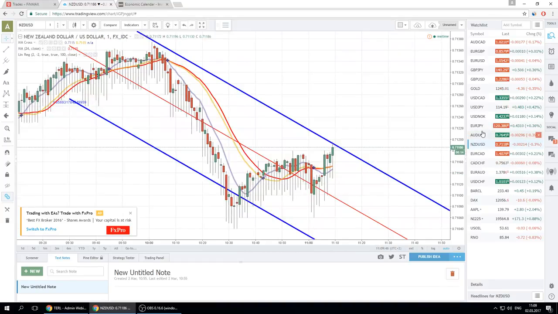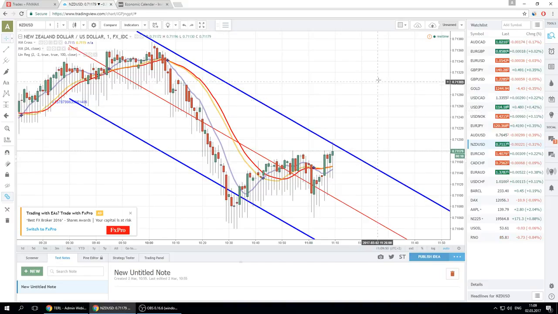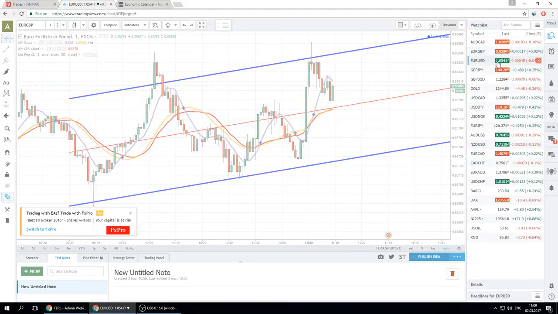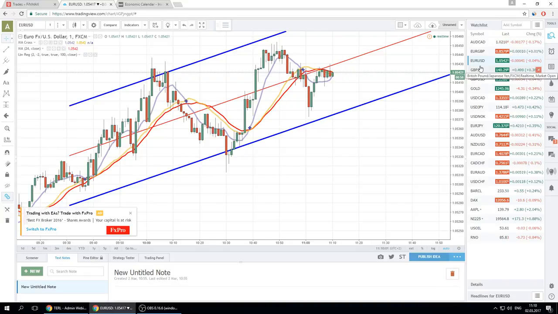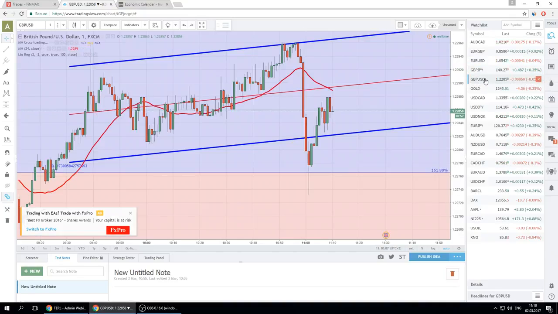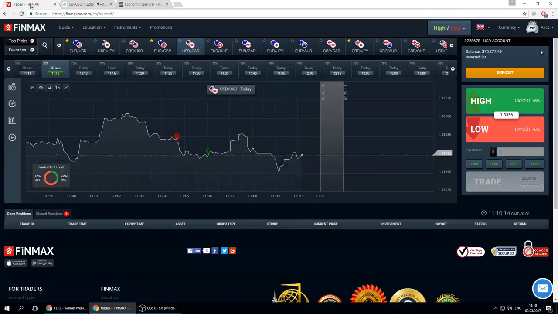So let's give some time to the short-term trading, short range, like in a small corridor. Okay, let's open for up for 1 minute.